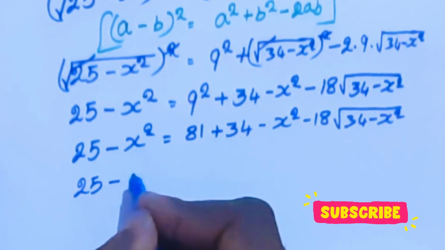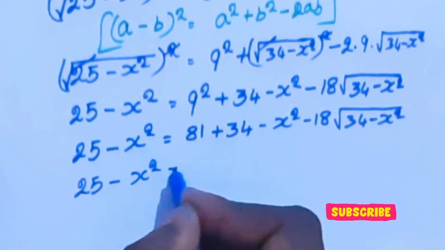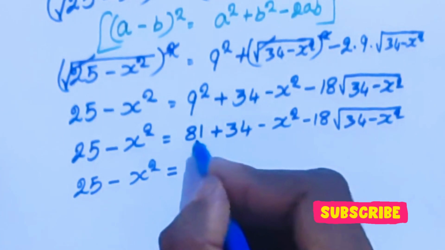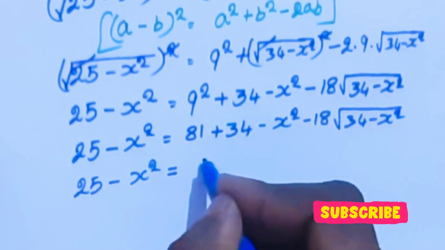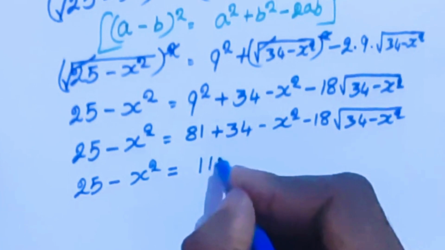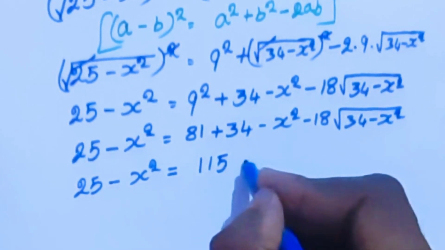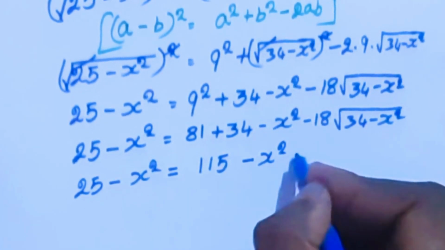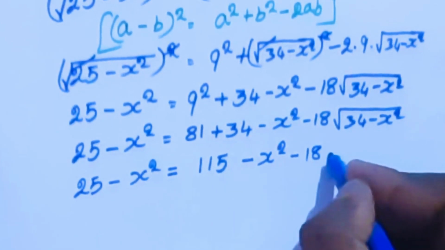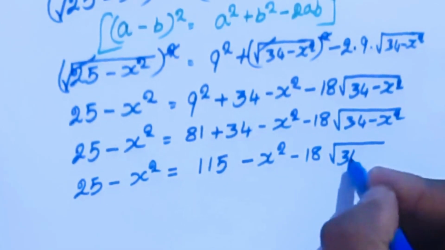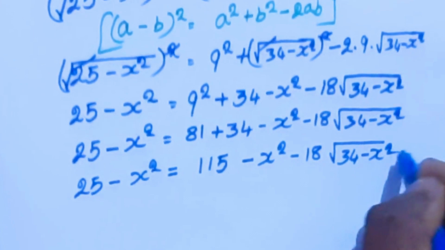25 minus x square equal to 81 plus 34 is 115 minus x square minus 18 square root of 34 minus x square.